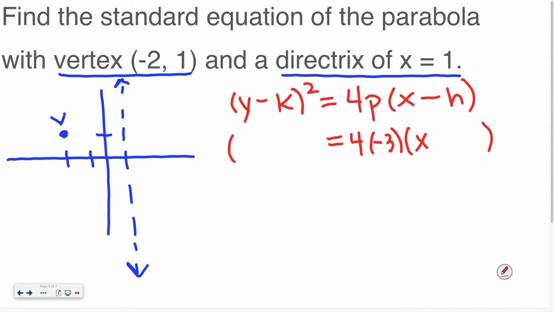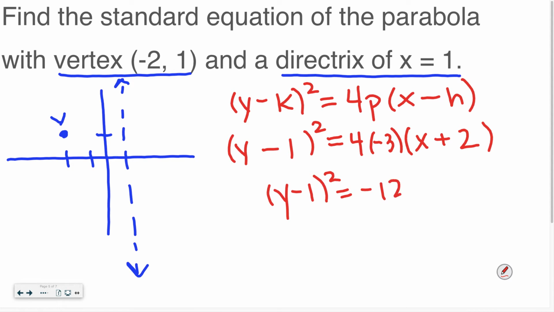Here's where you need to be careful. Our vertex is at (-2, 1), so we need x plus 2 and y minus 1. So you're going to have to punch them in a different order, okay? So that we have (y minus 1) squared equals negative 12 times (x plus 2).